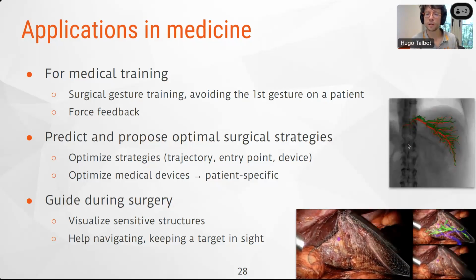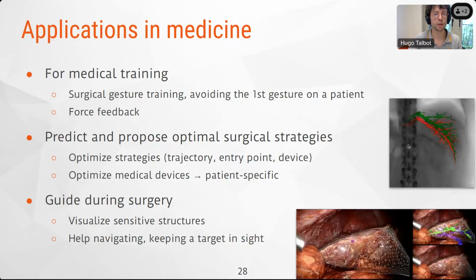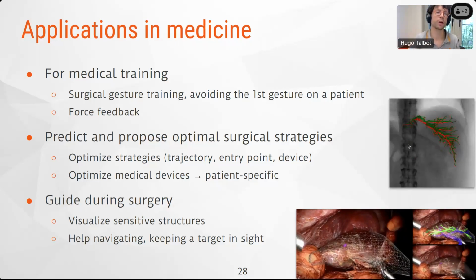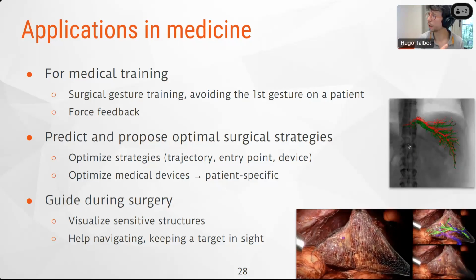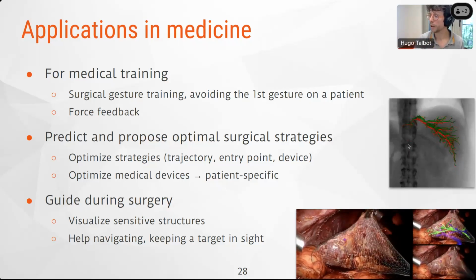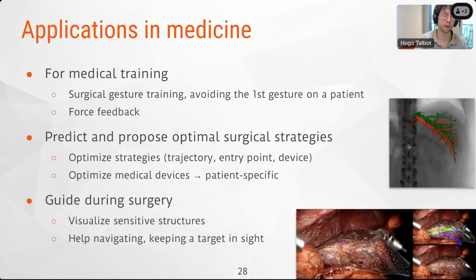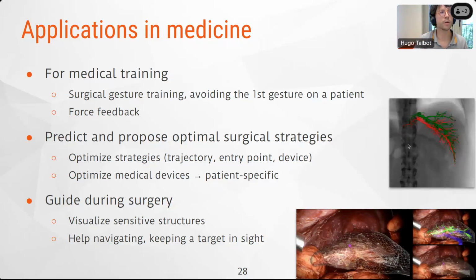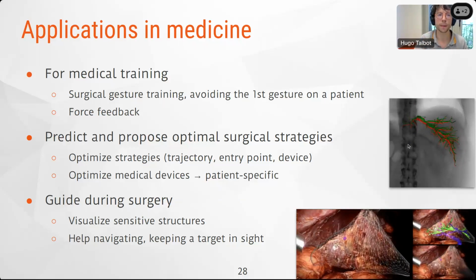I mentioned that we have a set of plugins that allow coupling the virtual simulation with haptic devices so that you can get force feedback from your simulation. We collaborate with super cool haptic device companies like Force Dimension or Haption, which provide really state-of-the-art haptics, pretty nice to couple with simulations.